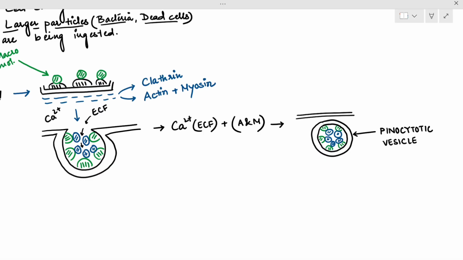But here, the contractile proteins, that is actin and myosin, play the most predominant role. Okay. So in this way, the pinocytotic vesicles are formed via invagination, and clathrin, actin and myosin help. Okay, fine.